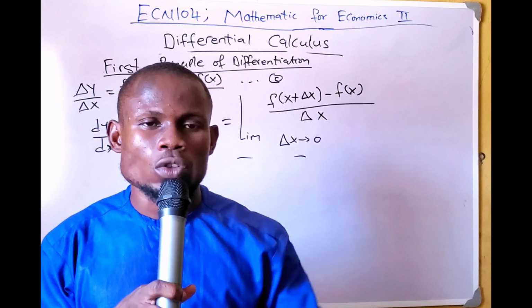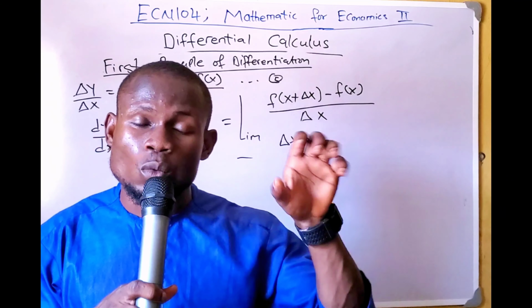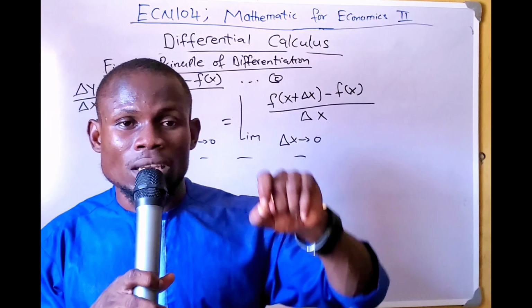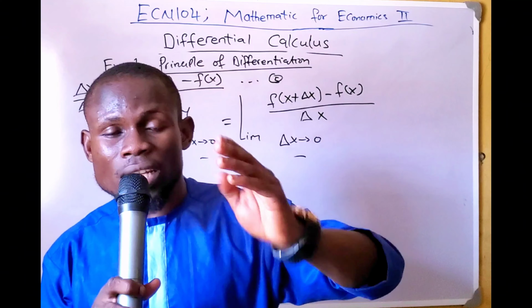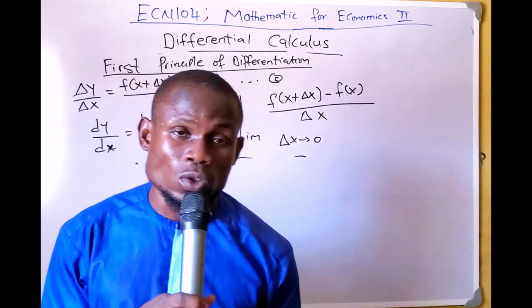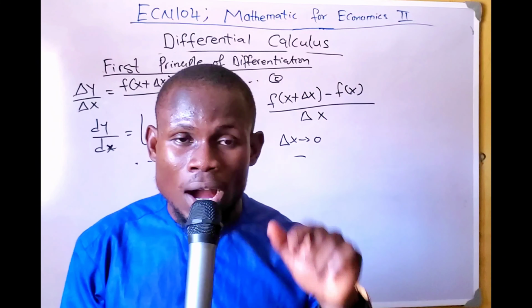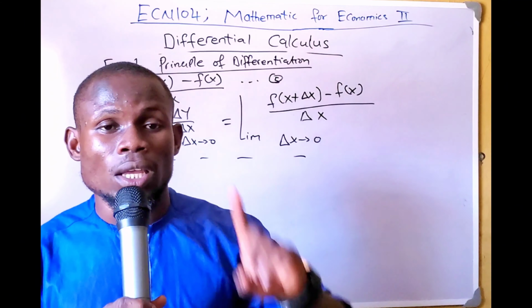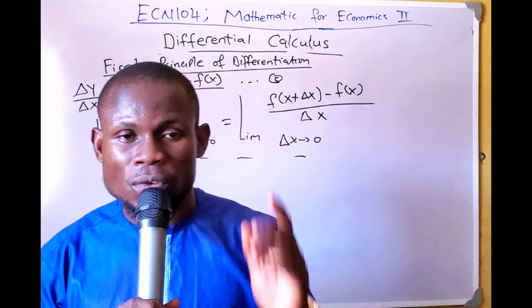So the next step is to make change in y the subject of the formula by subtracting y from both sides. That gives you change in y equals f of s plus change in s minus y. You already know that y is a function of s, so you substitute it in the equation. Then change in y equals f of s plus change in x minus f of x.